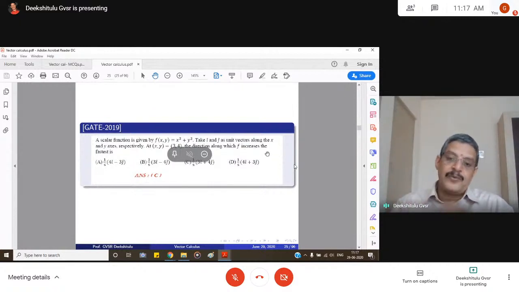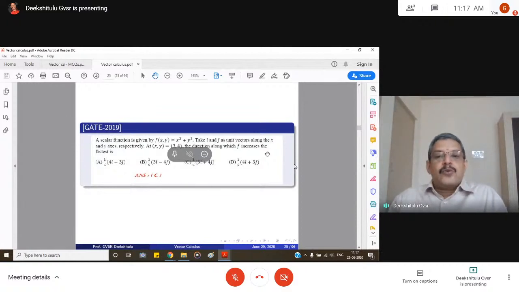Yes, this is also again related to gradient. Just now a few minutes back I told you the principle. It may be a standard question: what is the direction along which the surface f of x, y, z increases at the fastest rate?